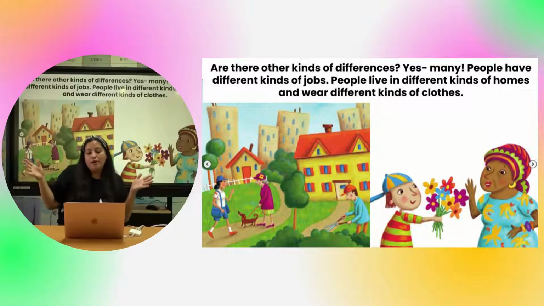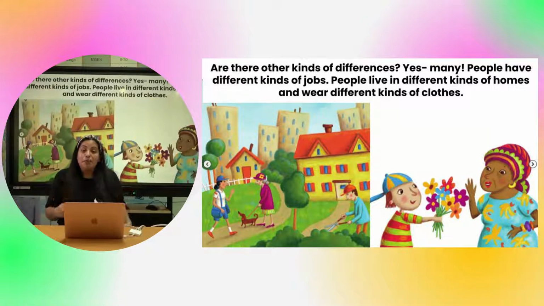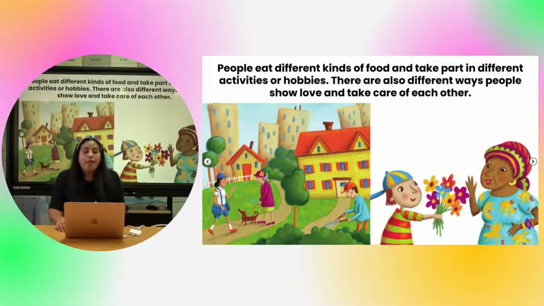We see big homes, and we see people with different jobs. There's someone that delivers the mail and someone that cuts the plants outside. People eat different kinds of food and take part in different activities or hobbies. There are also different ways people show love and take care of each other.